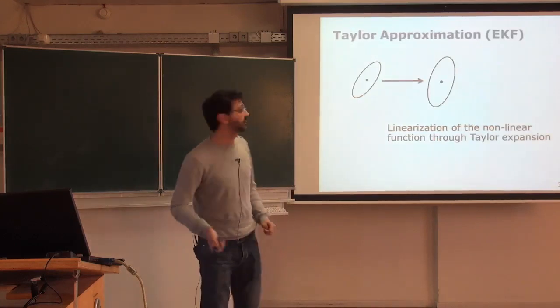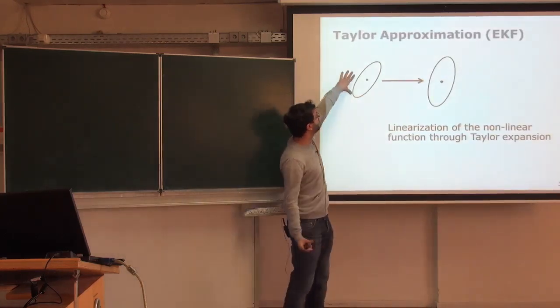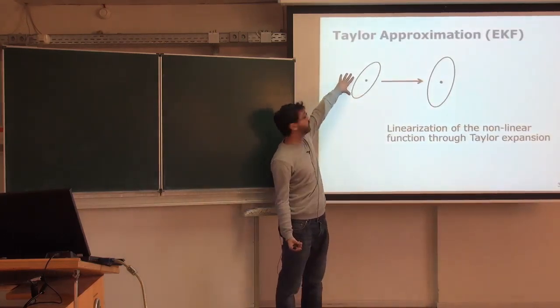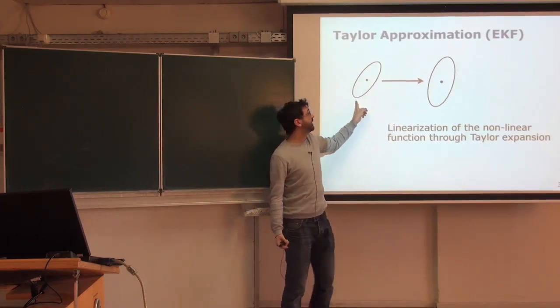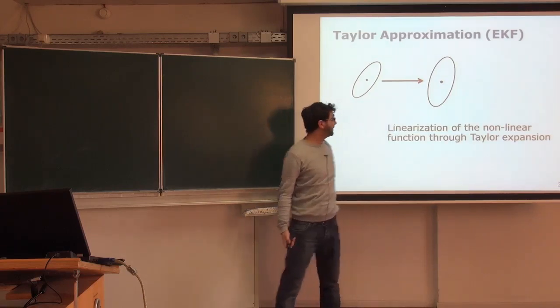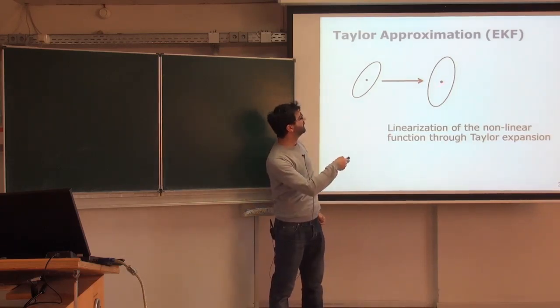If you look at it graphically, we have here our initial distribution, so we have our mean and our covariance, and we now apply a nonlinear function, and we end up in a new mean and a new covariance.